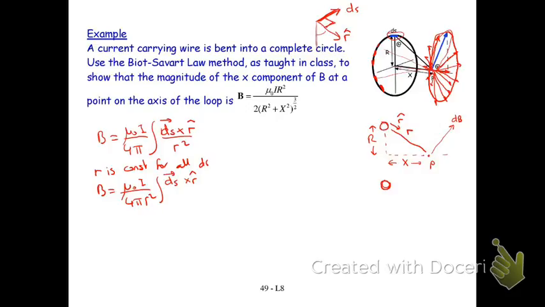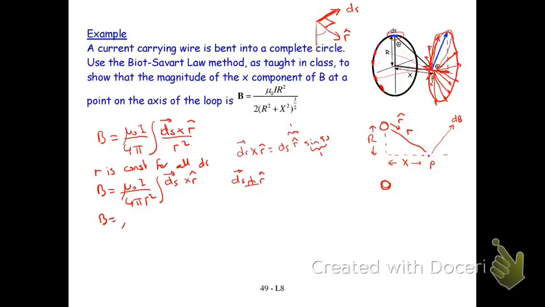So that means ds is perpendicular to r hat. That means ds cross r hat will equal ds times r hat times sine 90, and that equals 1. So this is all right.